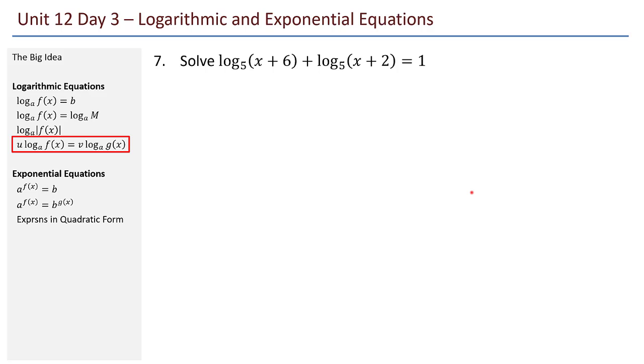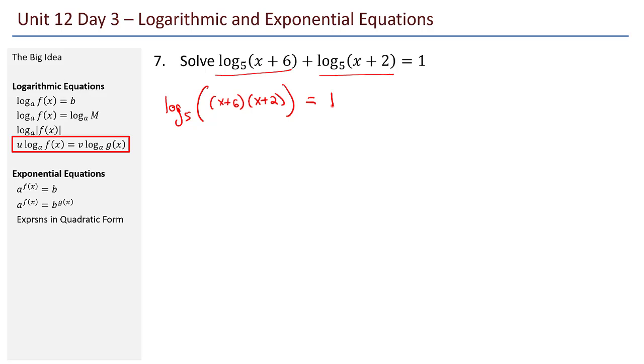One of the properties of logs is that if I add together two logs, that's the same as taking the log of their product. So this becomes log base 5 of the product x plus 6 times x plus 2. And on the right-hand side, I still have 1.